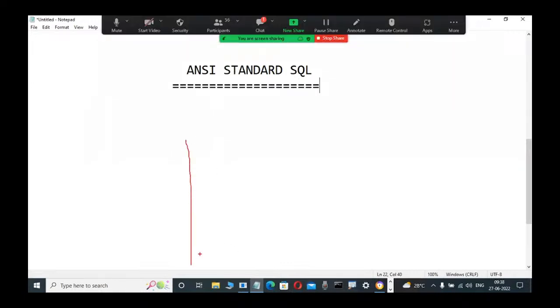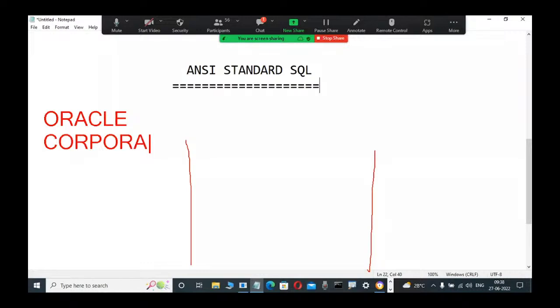Observe here. Based on this ANSI standard SQL, slowly observe, here is the key concept. Oracle Corporation created their own SQL language. That's why in our class we are learning Oracle SQL language.